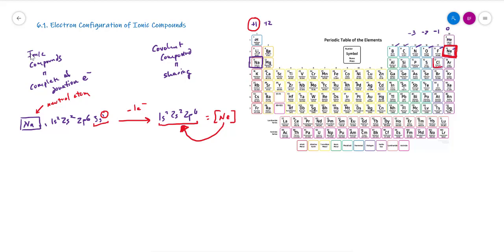The same could be said for, let's say, chlorine. So let's look at chlorine over on this side. We're looking at a chlorine atom, which has a configuration of 1s2, 2s2, 2p6, 3s2, 3p5. Similarly, we know that the halogens tend to want to absorb just one electron and become -1.